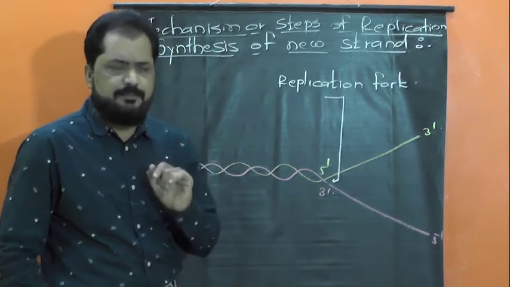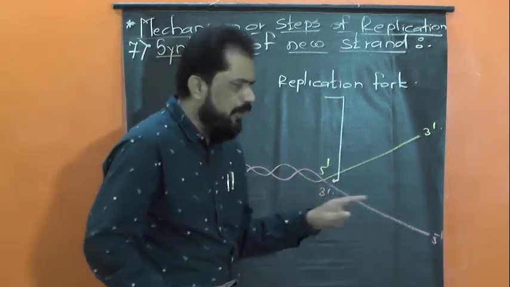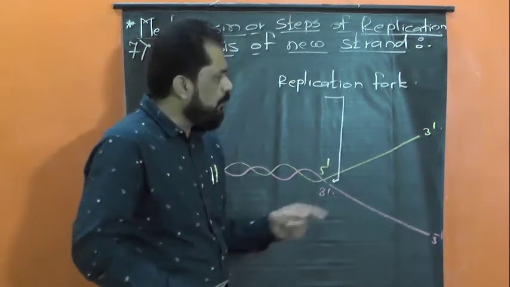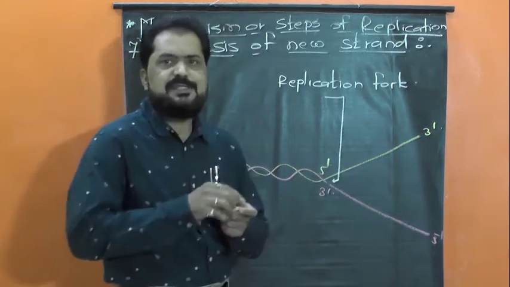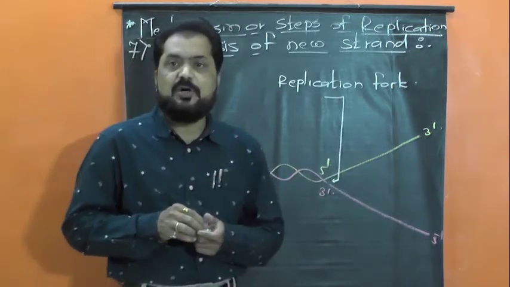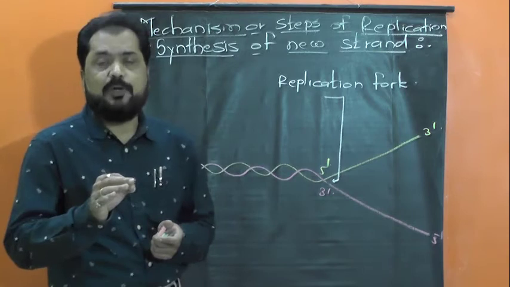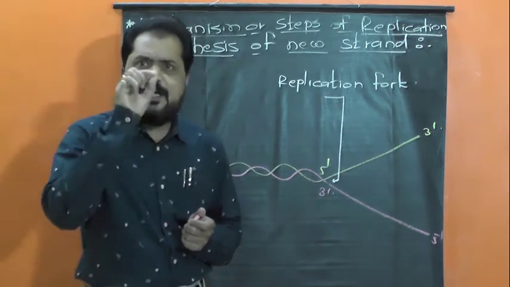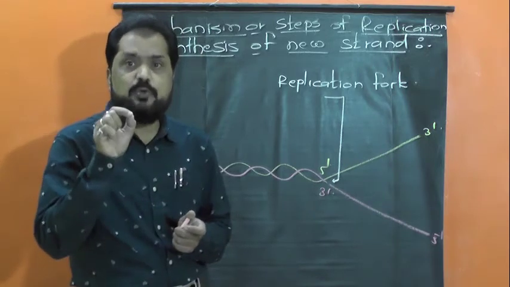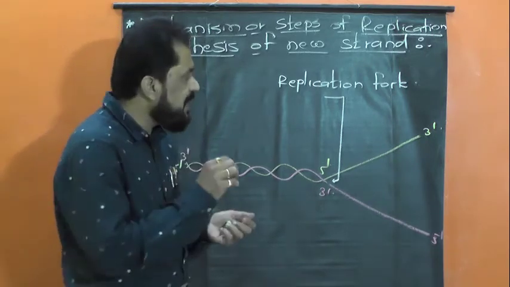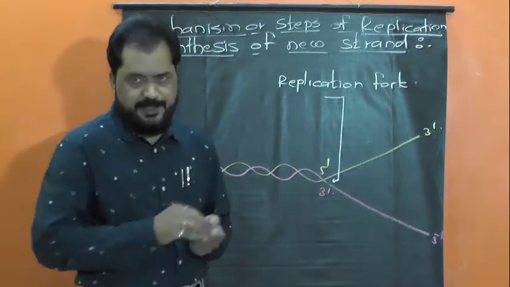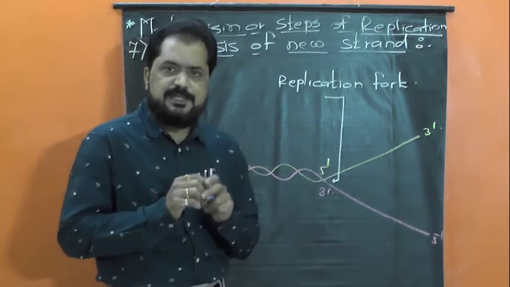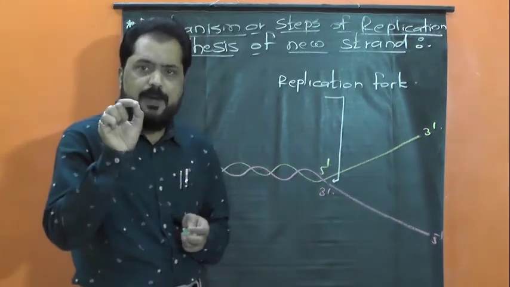This RNA primer is synthesized on these DNA template. हा RNA primer जो आहे तो या DNA template वरच सिंथेसिस केला जातो in presence of enzyme RNA polymerase or enzyme primase. And this RNA primer get associated to the 3' end of template strand. हा जो RNA primer आहे तो या दोन्ही टेम्पलेट स्ट्रँडच्या 3' एंडला बाइंड होत असतो.